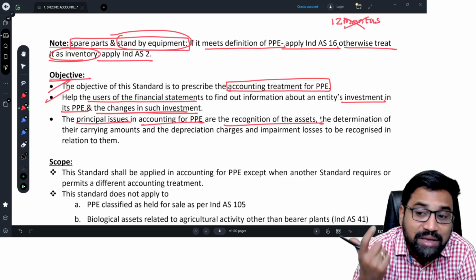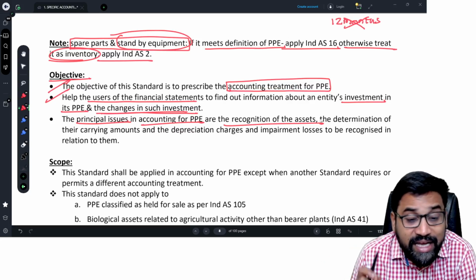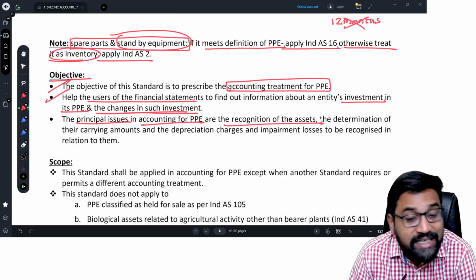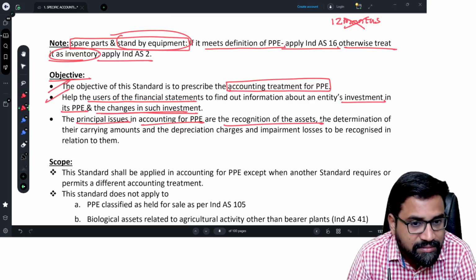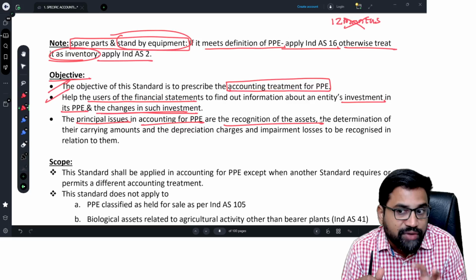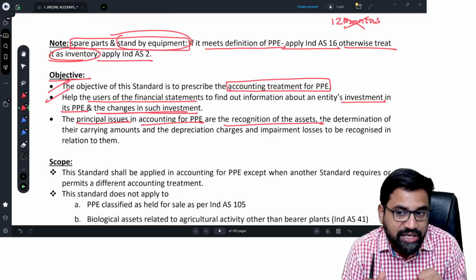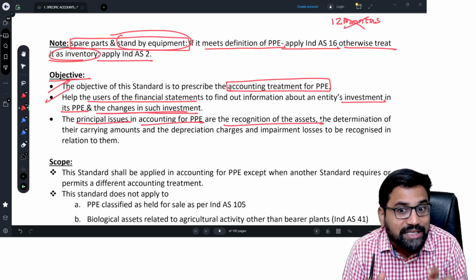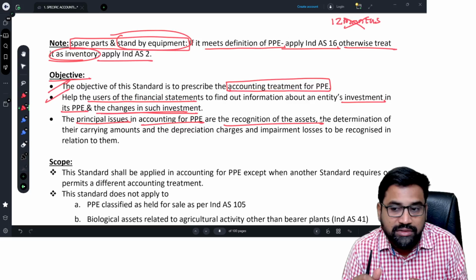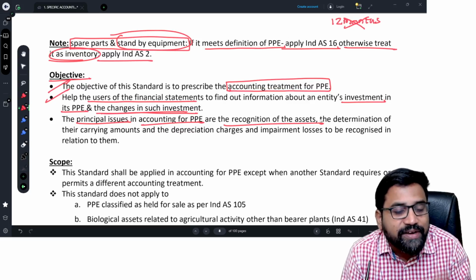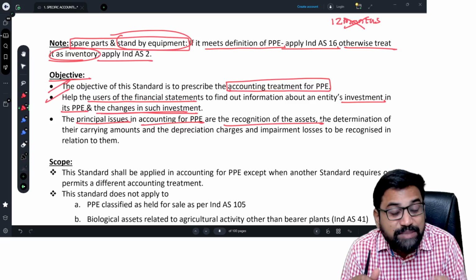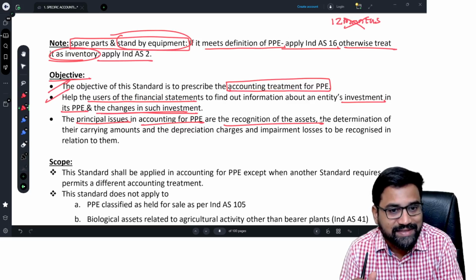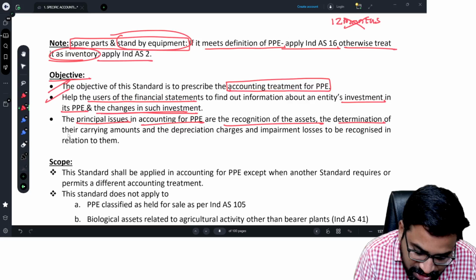That is one of the important issues. So the recognition criteria is prescribed by the standard. For example, we have acquired one plant and machinery. Whether this plant and machinery will be recognized at the time of acquisition or at the time of using it for production? What is the criteria for recognition in the books? Those principles are prescribed by IND AS 16. And also determination of the carrying amount.